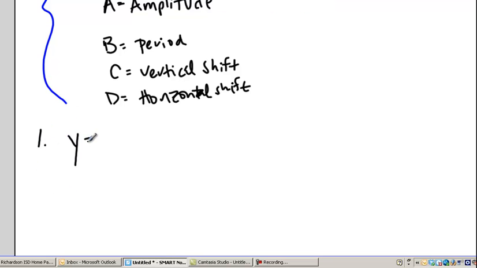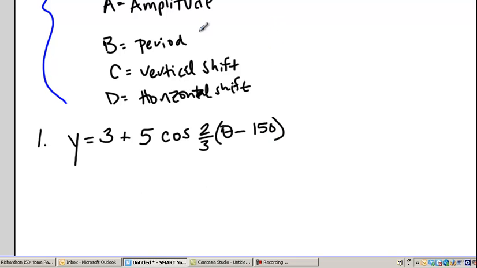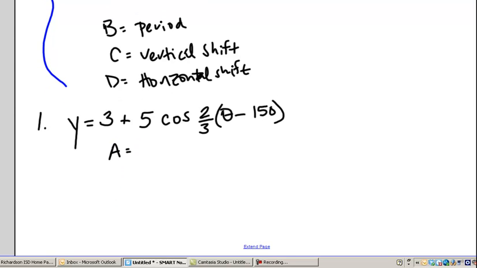And we got y equals 3 plus 5 cosine of 2/3 times theta minus 150. Don't get overwhelmed because we're going to do this completely step by step.